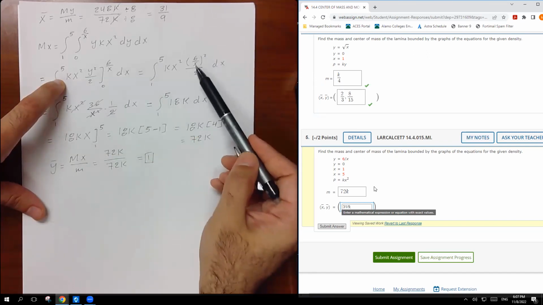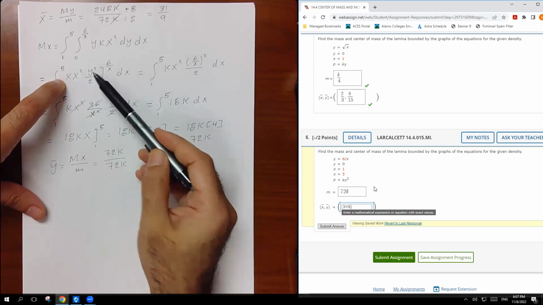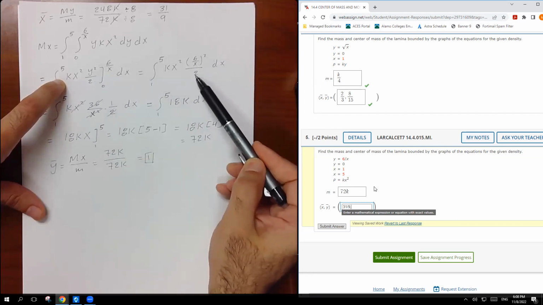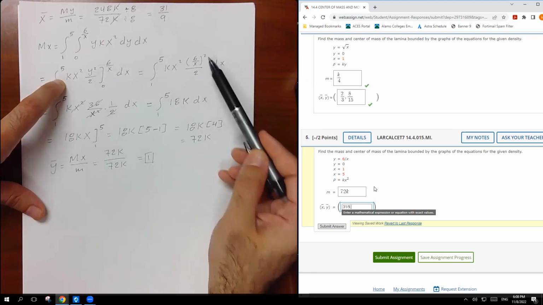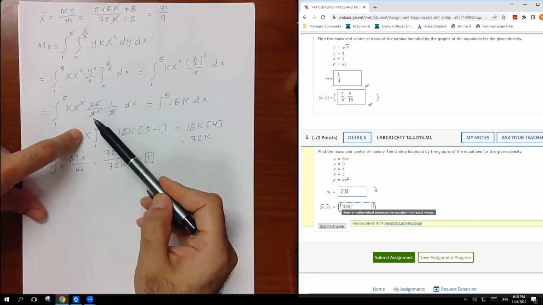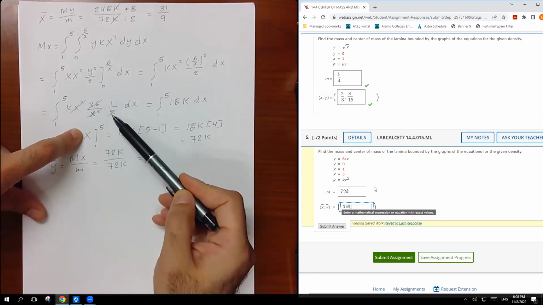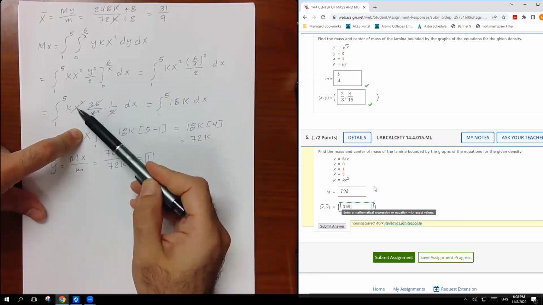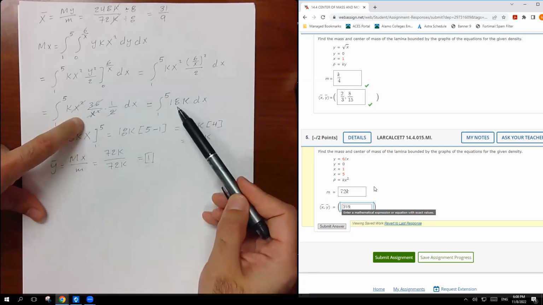Plug in 6 over x for y, so it's 36 over x squared, times 1 over 2. 36 with 2, x squared with x squared, the left is going to be 18k dx.